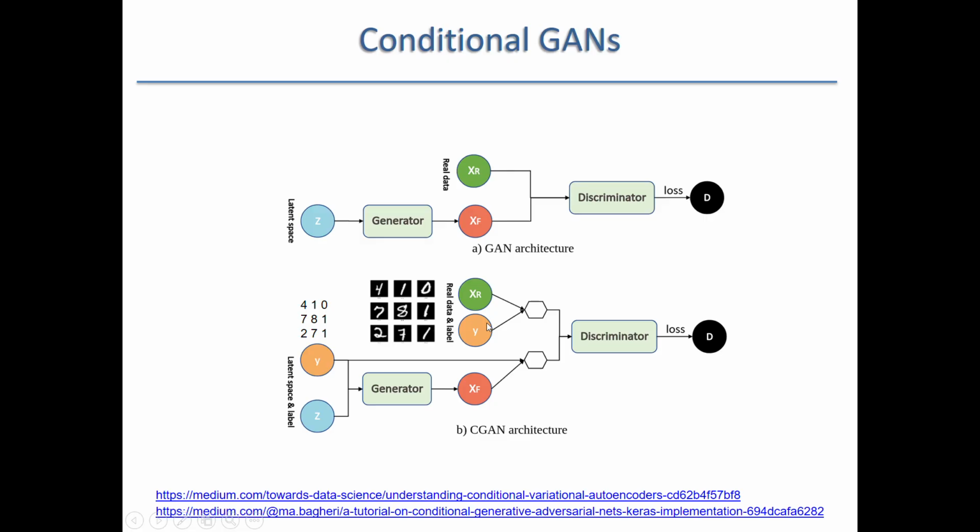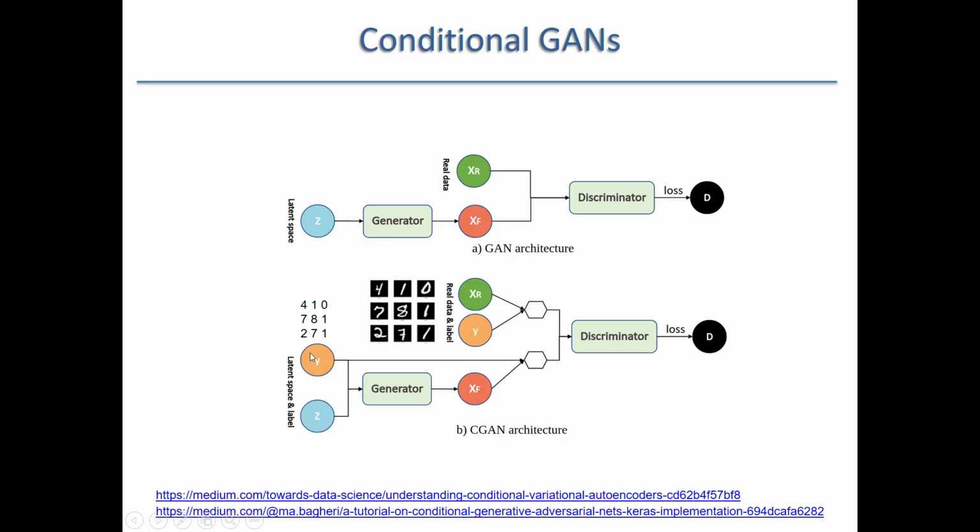Then we can have conditional GANs. So this is the standard GAN. In the conditional GAN, we have also labels. So for instance, let's think of the digits. We have the image that is X, but we also know the label associated to that image. So this is 2, this is 7, this is 1. So we can help the generator to generate a 1. So we say, okay, now you are generating ones, take random noise, generate a 1.